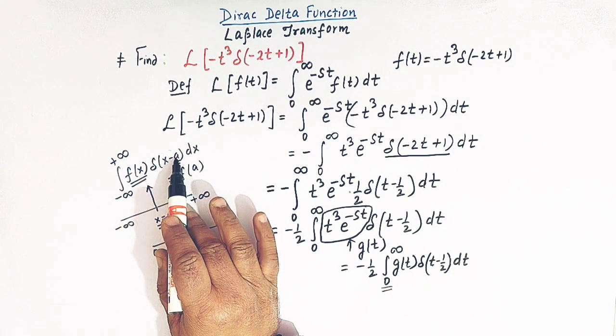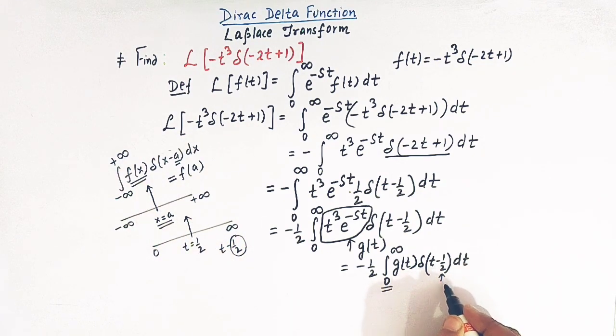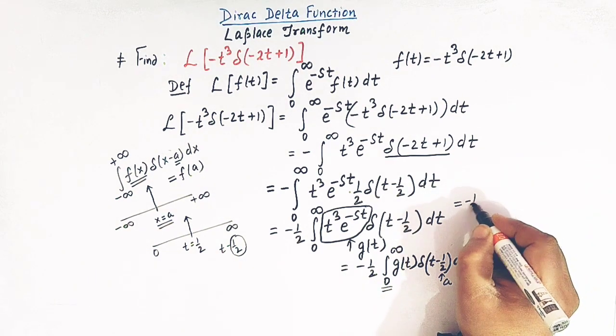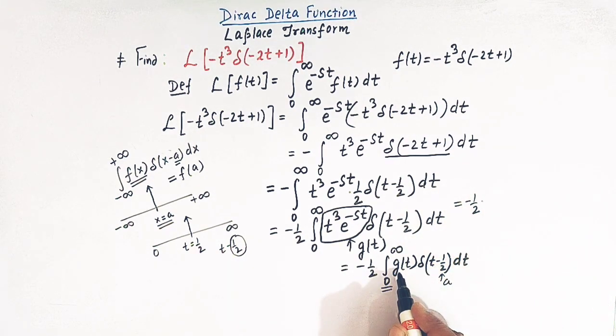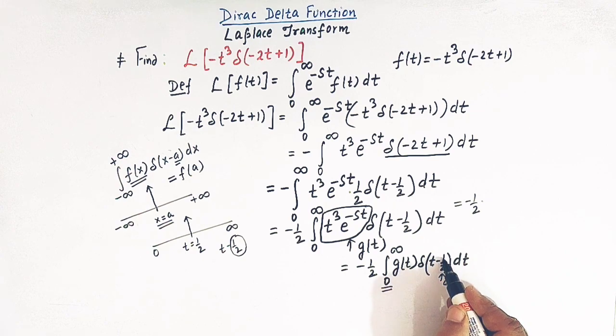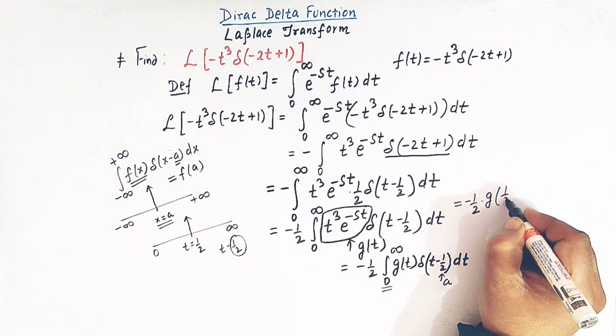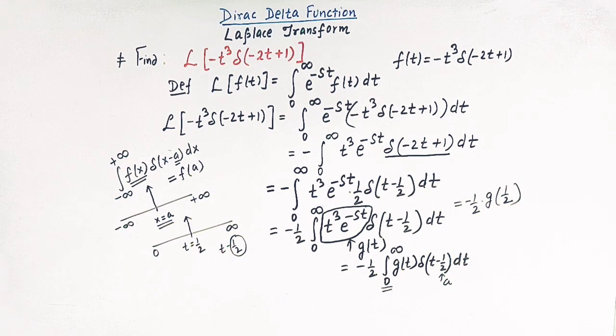So our point a is the half here, right? So the value of this integral is now equal to minus half, and the value of the function g of t at this point, that is half, right? So we have g of half, right?